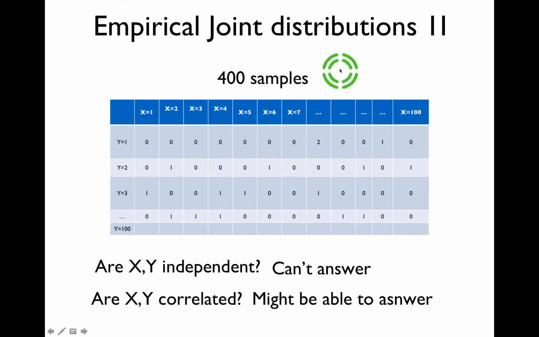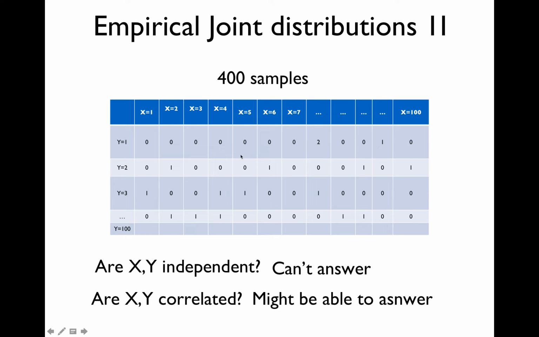On the other hand, suppose that we have 400 samples, and now x can go from 1 to 100, and y can go from 1 to 100. So we have basically 10,000 cells here. Just from that fact, it is likely that most of the cells, even if they have non-zero probability, will have 0 count. So most of the cells will be 0, there'll be some 1s, and maybe rarely we will see 2.